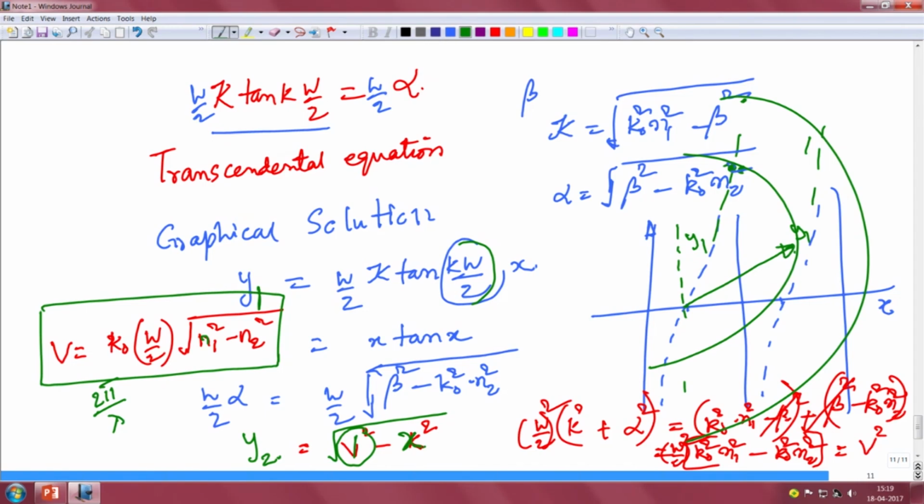So, we can design a single mode waveguide by choosing the parameters of the waveguide, like the waveguide width, the operating wavelength, and the refractive index contrast. As I mentioned earlier, we can also solve this equation directly using MATLAB and find the various solutions that we can get.